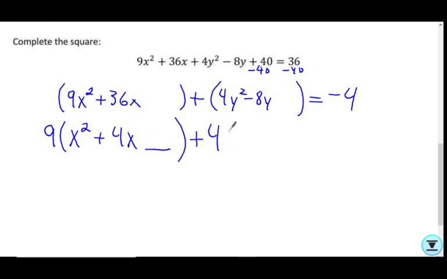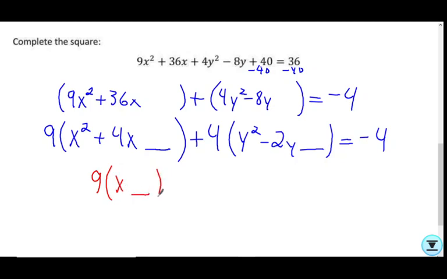Do the same thing for the y's: factor out the 4, you get y squared minus 2y, equals negative 4. We're following the exact same steps we did with completing the square, but we're doing it for this ellipse. So the first step was grouping your terms, the second step was factoring out your lead coefficient, and the third step is writing it in a perfect square form like this.